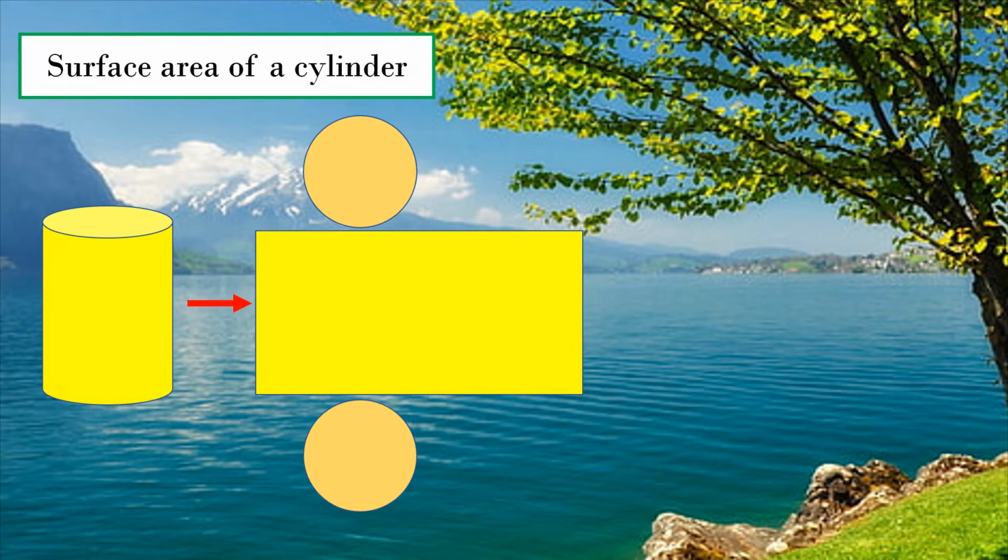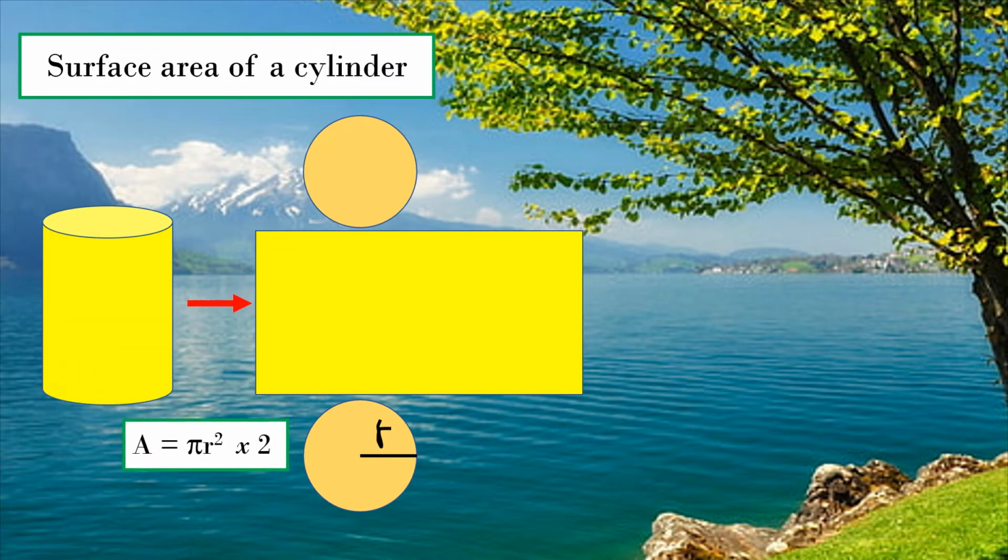Now, let us find the area of the base. The base is a circle. The radius is there. So what is the area of a circle? That is pi r squared. Can you remember? Pi r squared. But of course, there are two circles, so we multiply by 2.